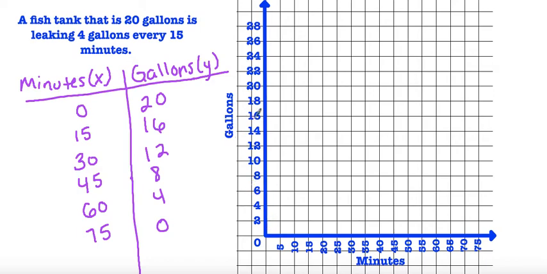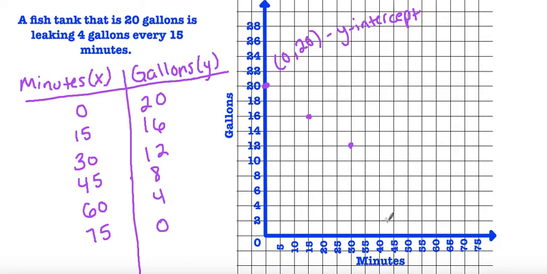So 0, 20. So this is our y-intercept, meaning how much water was in the tank before it started leaking. And then 15, 16. After 15 minutes, it's at 16. And so on. So I'm just going to plot the rest.